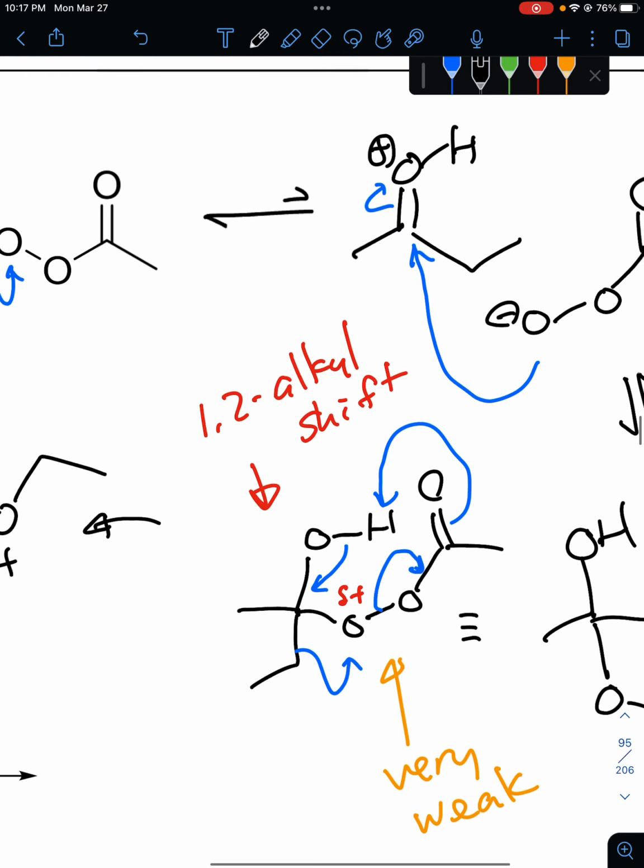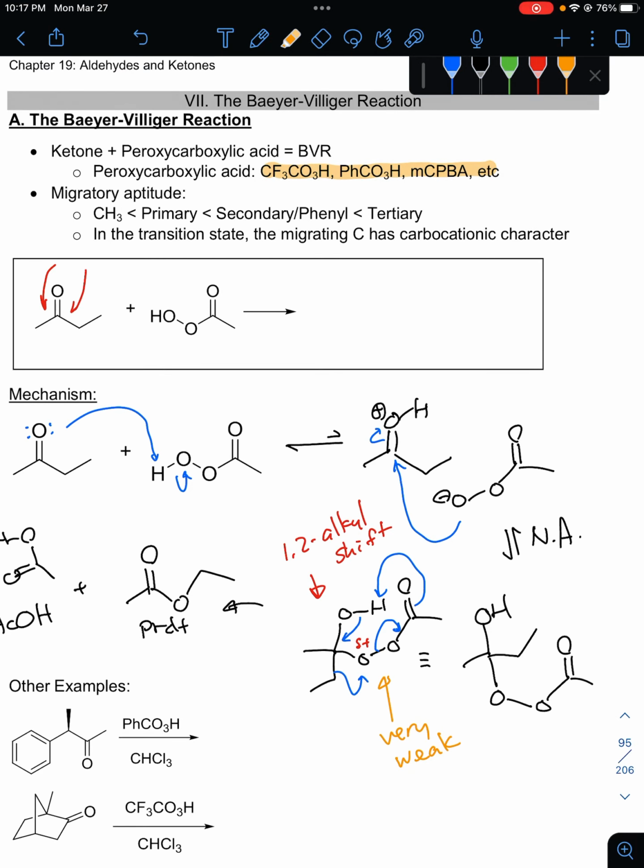And that makes sense because in this migration step here, which is an alkyl shift, we're trying to quench an electron-deficient oxygen's thirst for electrons, essentially. So it makes sense that it's the more electron-rich group that migrates. So if you compare between methyl group and ethyl group, of course, ethyl group is more electron-rich, so that's the one that migrates instead of the methyl group.